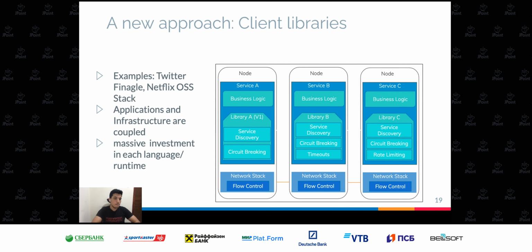So many companies and many organizations started to take a new approach, and they started using client libraries to handle infrastructure logic and networking concerns. And it worked really well for some organizations and enabled them to build microservices at scale. But as the number of services in the system grew, they also stumbled upon various drawbacks of this approach.